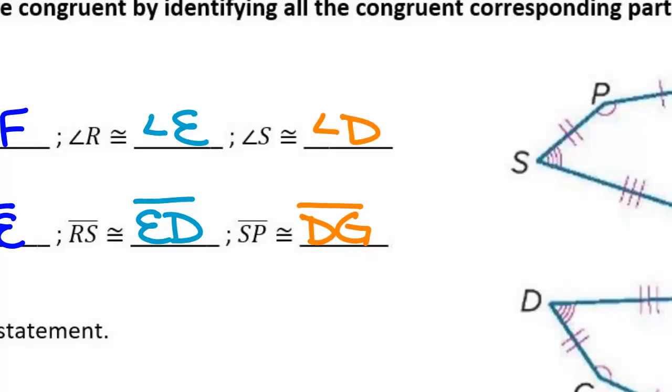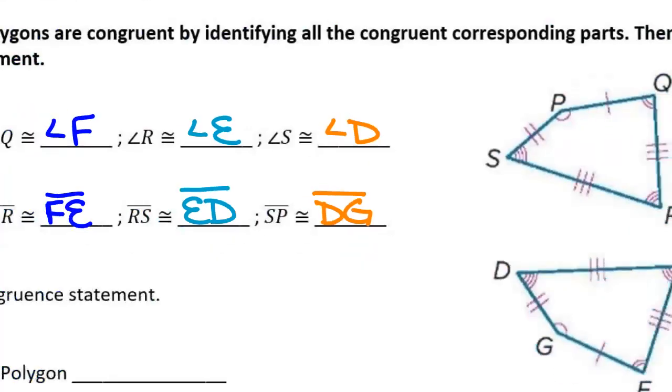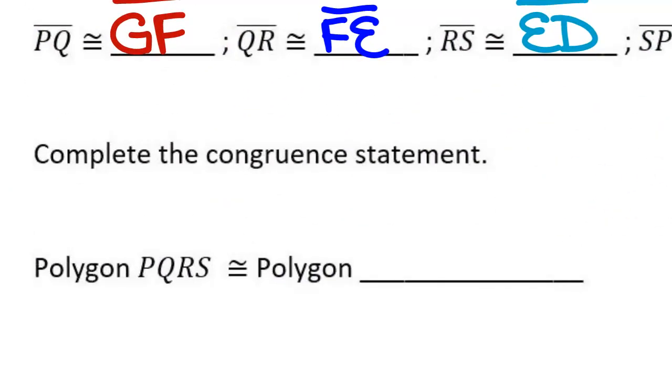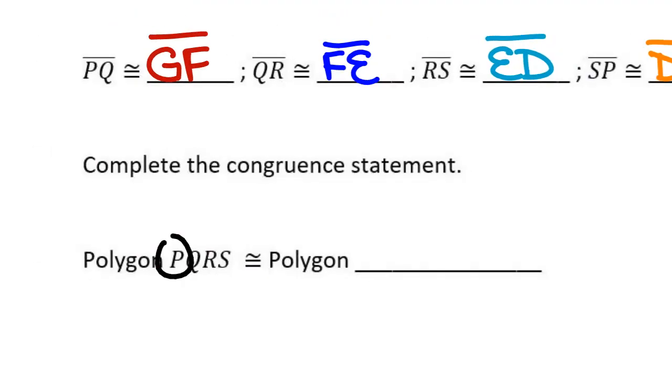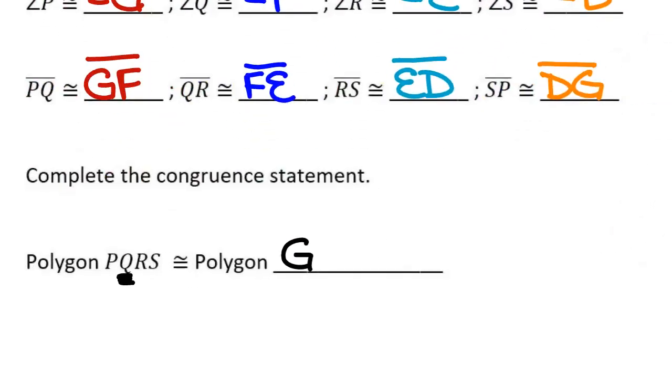Complete the congruent statement. Polygon PQRS is congruent to polygon blank. So I have to match this up. Which angle did we say was congruent to P? G, so I would have to start this with G. The second letter here is Q. What angle is corresponding and congruent to Q?